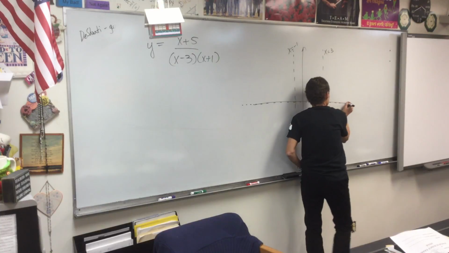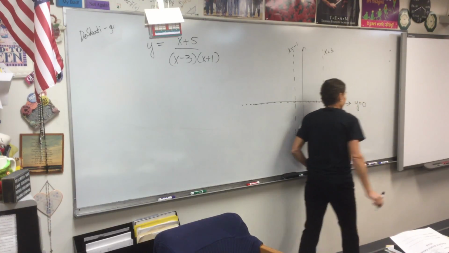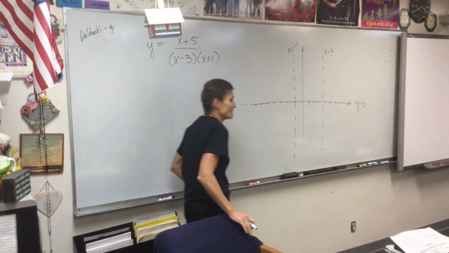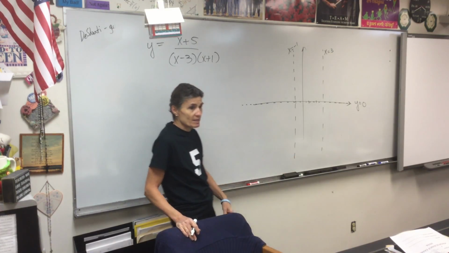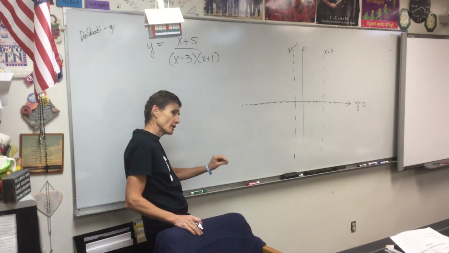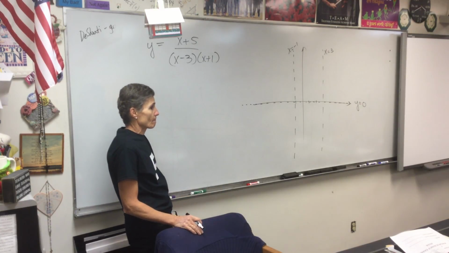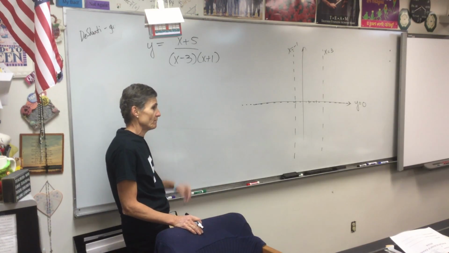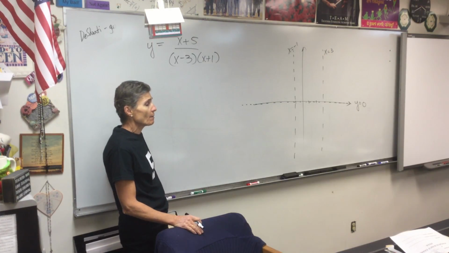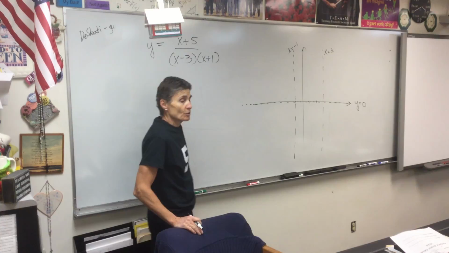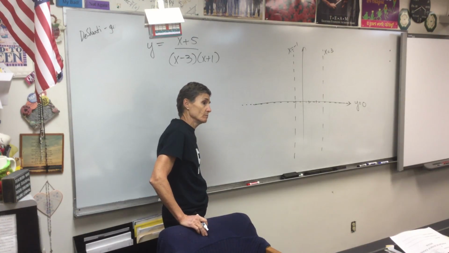Groupies, remember, when the power on the bottom is bigger, it means the fraction is bottom heavy. You're getting smaller and smaller and smaller. 1/3, 1/4, 1/5, 1/6. It's getting smaller, smaller, smaller. 0. When the power on the bottom is bigger, your asymptote is y equals 0.